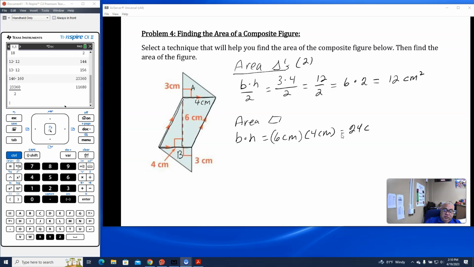So it's 24 centimeters squared. Now to find the composite area, and composite means to put together. So in this case, if you're going to put together, it's going to be 26 centimeters squared.